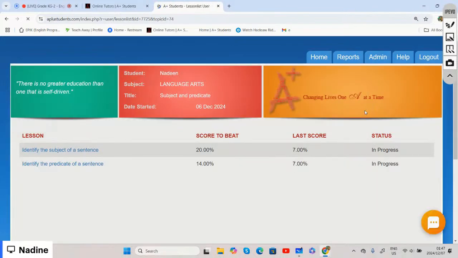So this is the end of our lesson on subject and predicate. We said the subject tells us who or what is doing the action. All right.